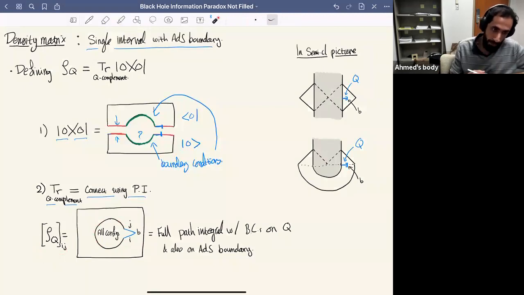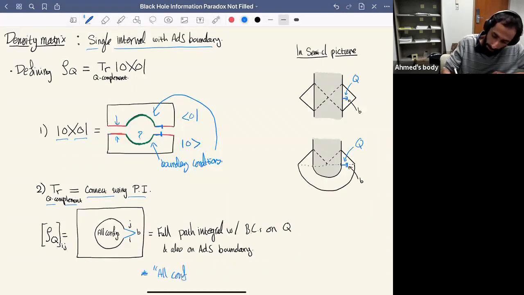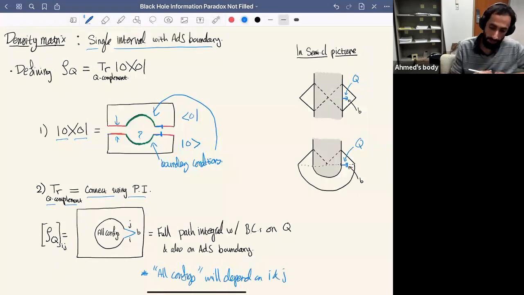So this is supposed to be the full path integral. The key point, the reason why I have not filled in the gravity part yet, is because what I mean by all configurations will depend on i and j, in the way that we're going to see on the next slide.